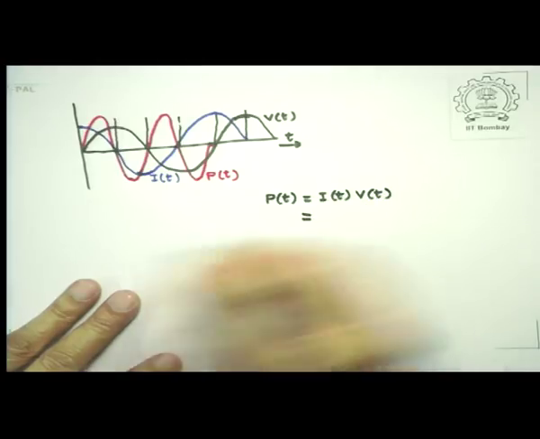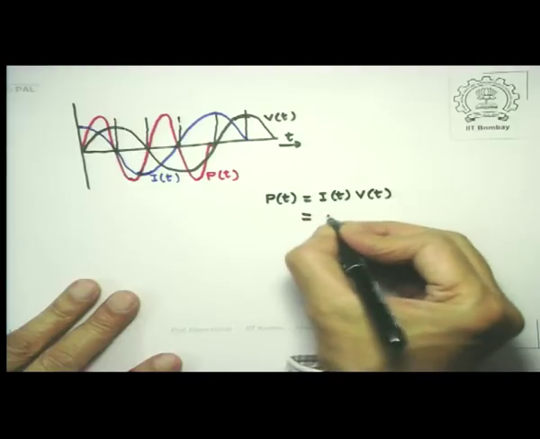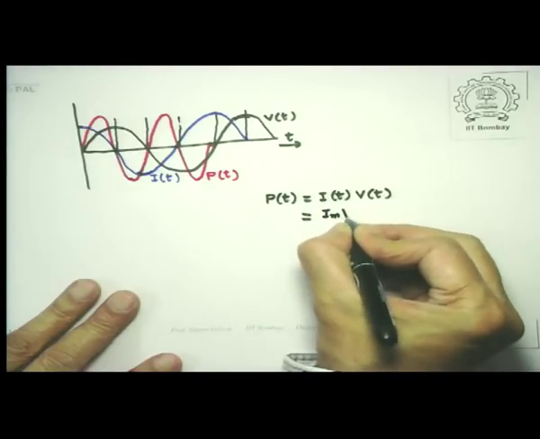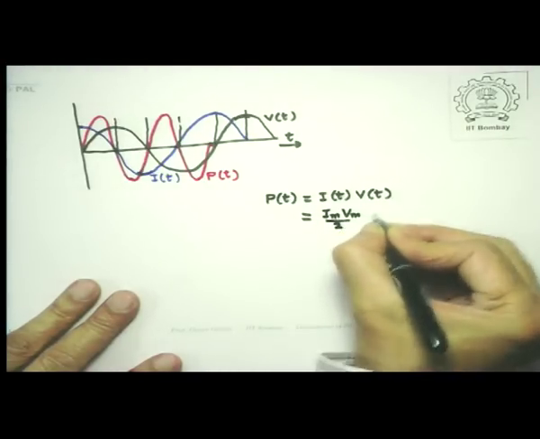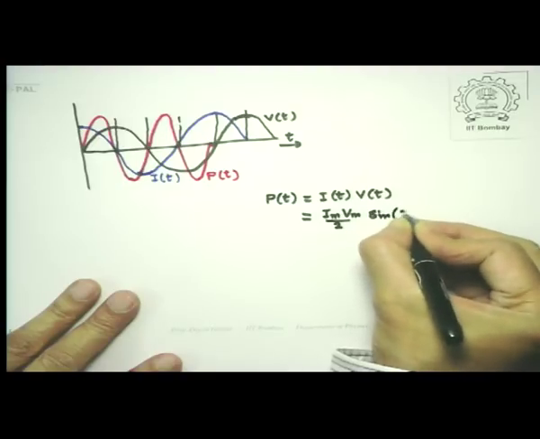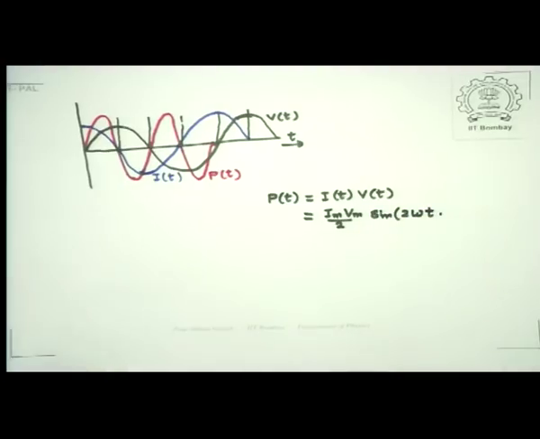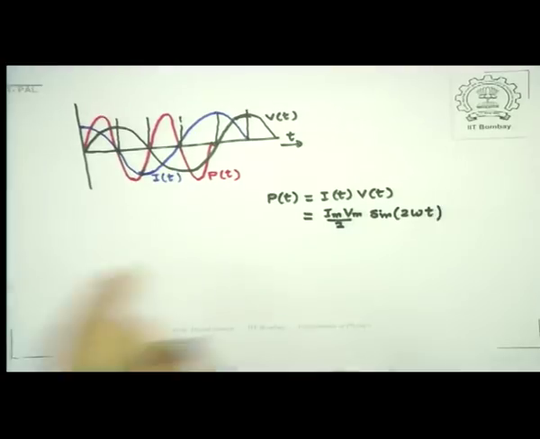And since I varies as cosine and V varies as sine, what I get here is Im Vm by 2 into sine of 2 omega t. So notice that the period of the power is half the period of either the current or the voltage.